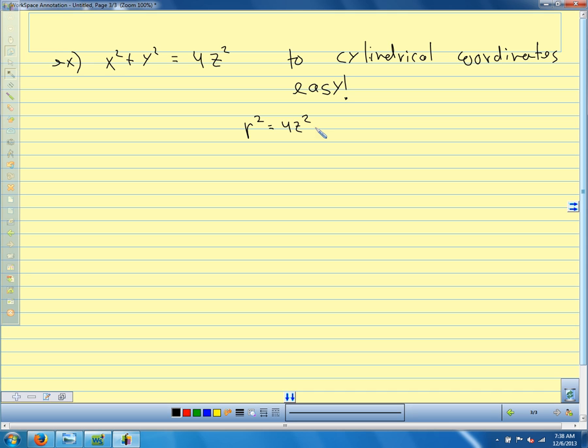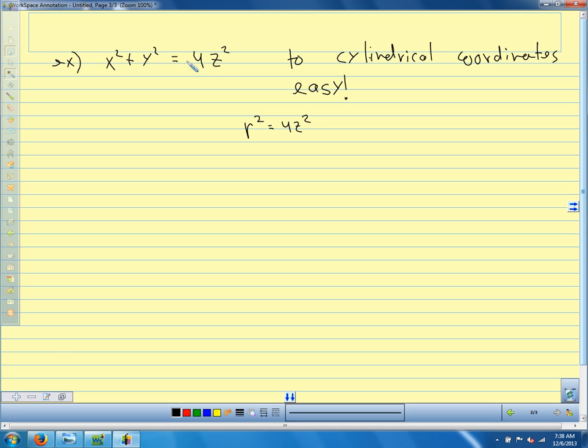What is this surface? If we let x equal 0, we get y squared equals 4z squared, or y equals plus or minus 2z. So what is that in the yz plane?